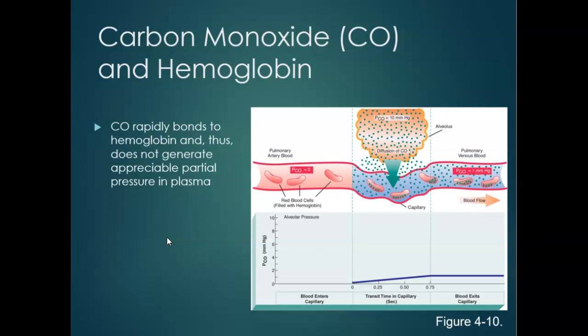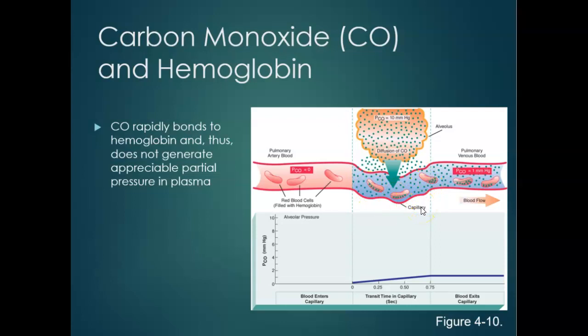Once it moves across the alveolar membrane and gets into the blood, it's going to rapidly bind with hemoglobin. As I mentioned before, molecules that are bound to hemoglobin aren't going to exert any partial pressure. So the partial pressure of carbon monoxide in this capillary blood is going to be relatively low because it's all going to be bound to this hemoglobin.